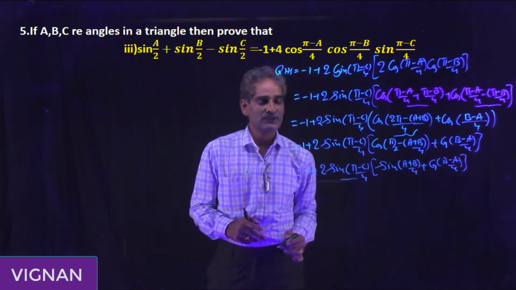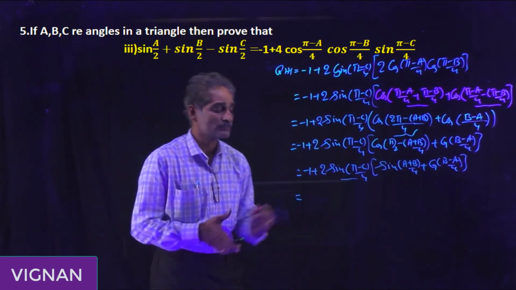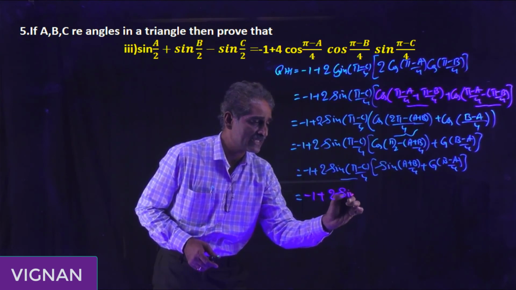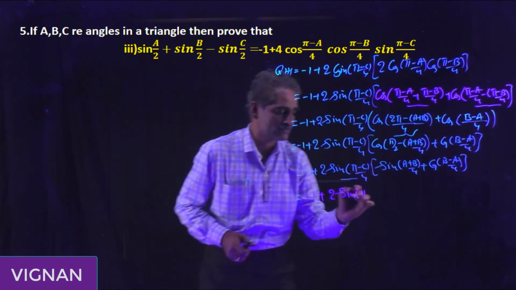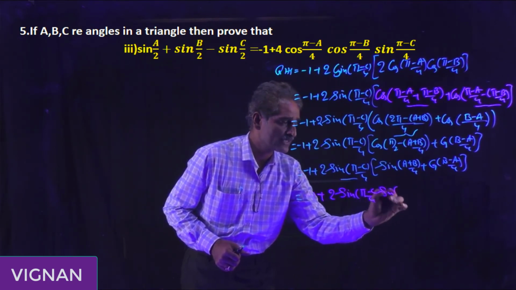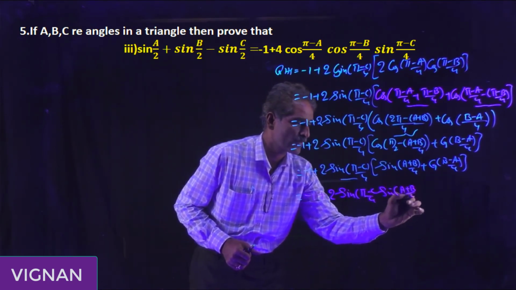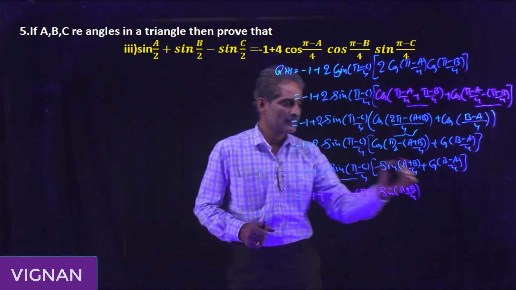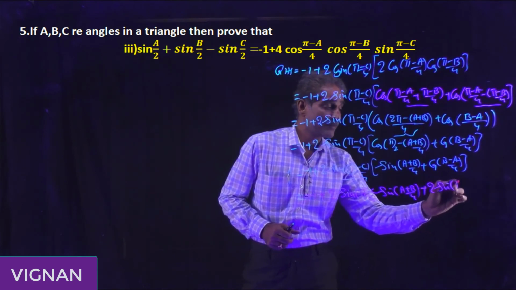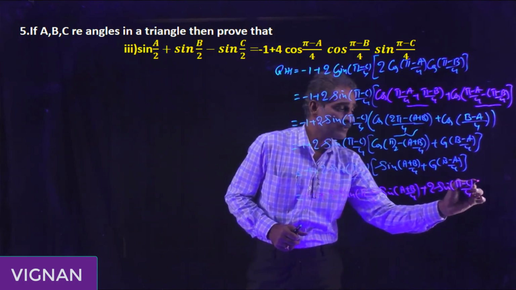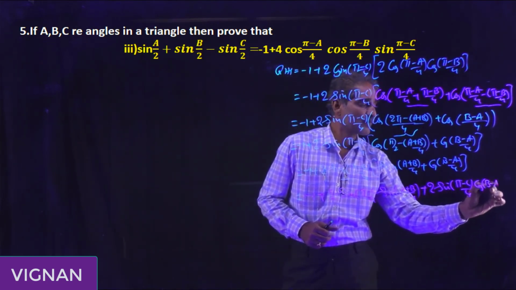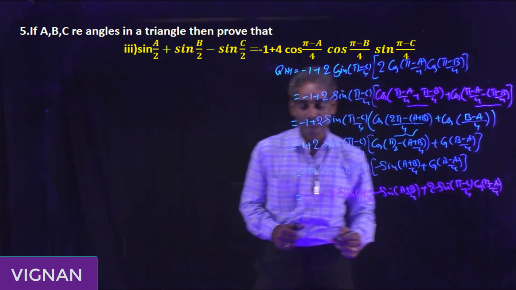Now multiplying by this one, then we will get minus 1 plus 2 sin of (pi minus C)/4 into sin of (A plus B)/4. Next, plus 2 into sin of (pi minus C)/4 into cos of (B minus A)/4.